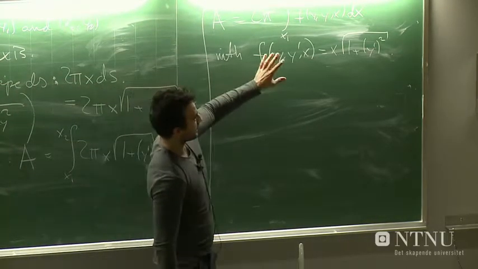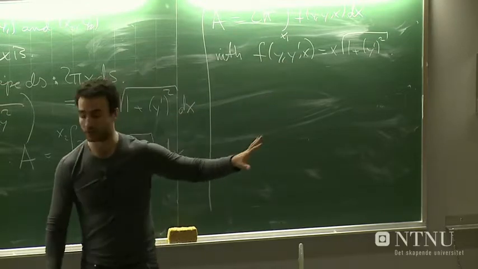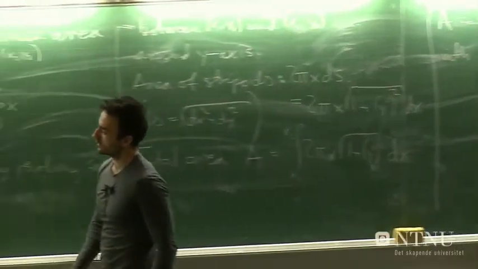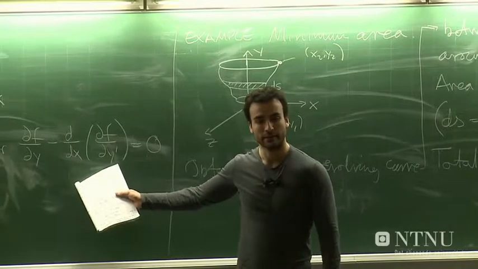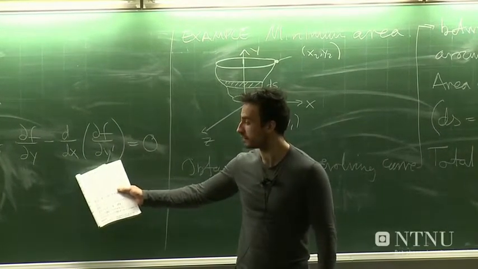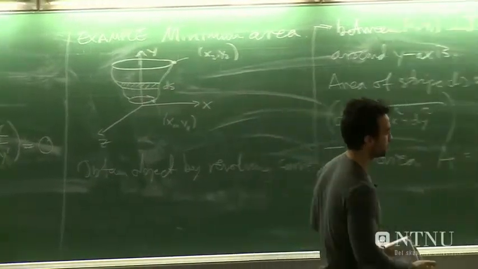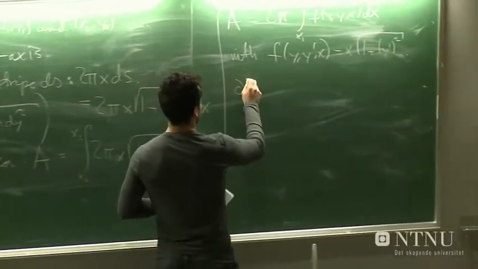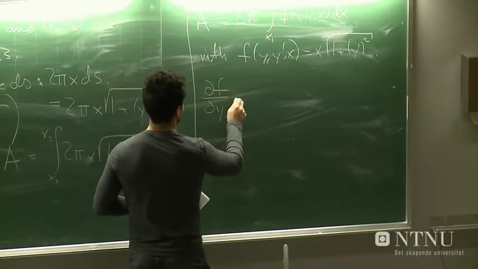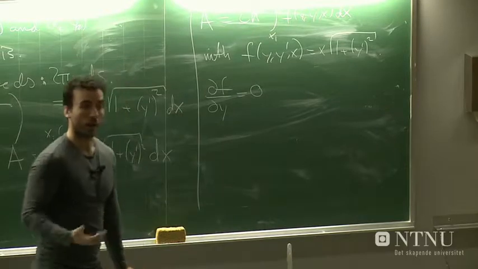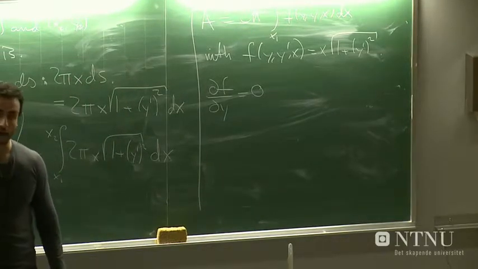Okay, so we've identified the function f, and then we can just start with the machinery here and compute the derivatives. So first off, there's no dependence on y, so the partial derivative with respect to y is 0.